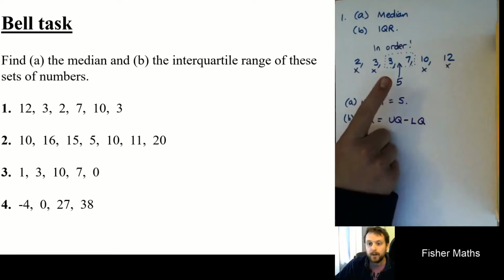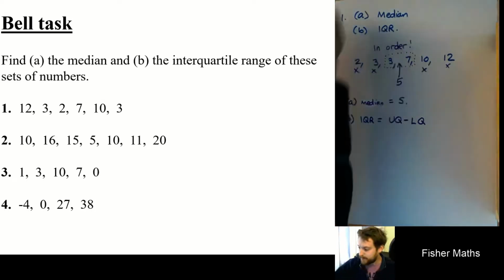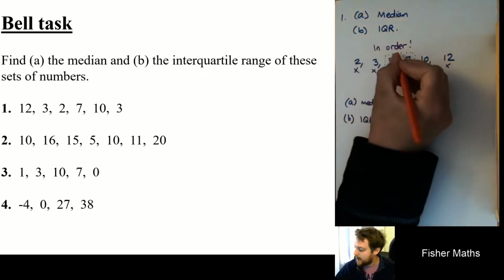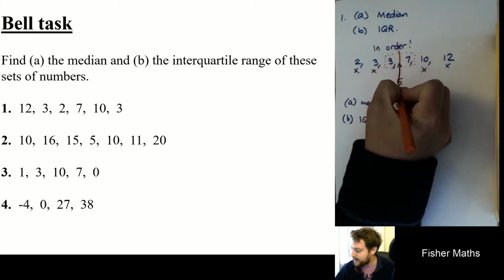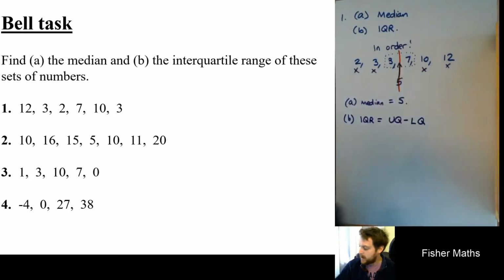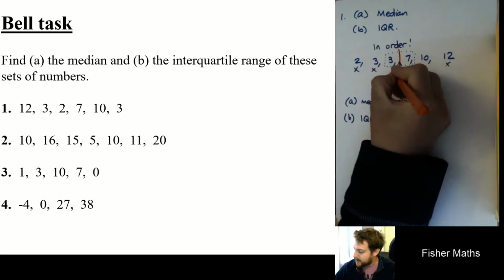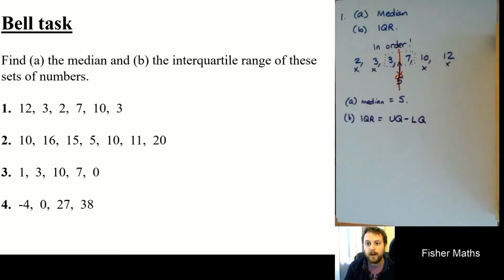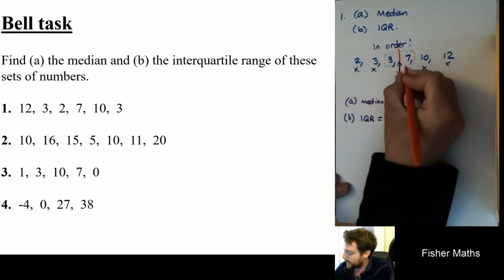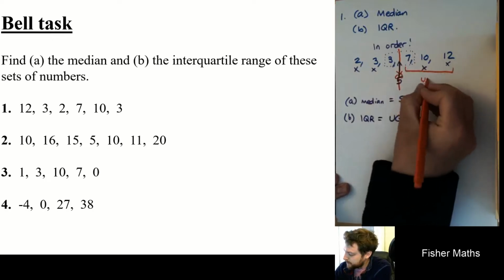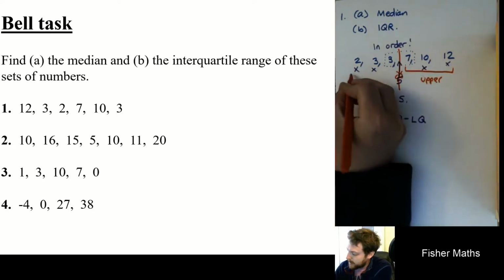So in order to chop these numbers in half, I'm going to chop right down the middle, right through the median. It's as though there's a pair of scissors and they've been chopped in half. So here's your upper half, and here's the lower half.